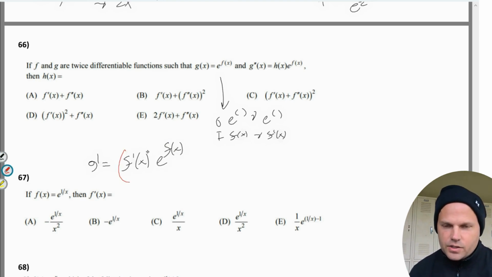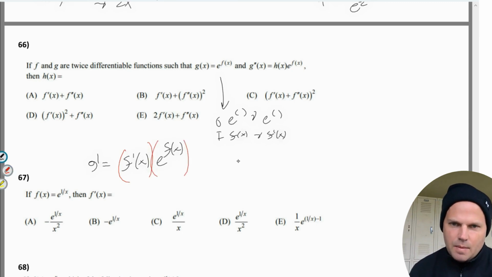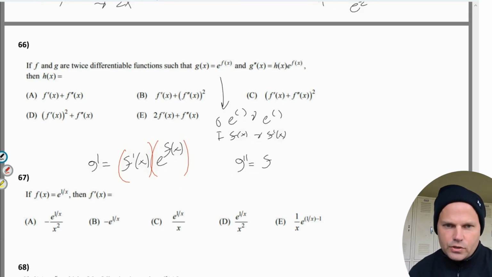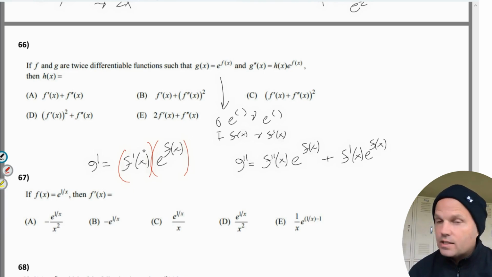Now here it is. I don't know why with all these review problems we always have this combination of chain and product, but it's good. We'd have the slopes of the first, which would be the second derivative, the slopes of the slopes, times the second, plus the slopes of the second, which we just found is f prime of x times e to the f of x. That's the slopes of the second times the first, which is an f prime.